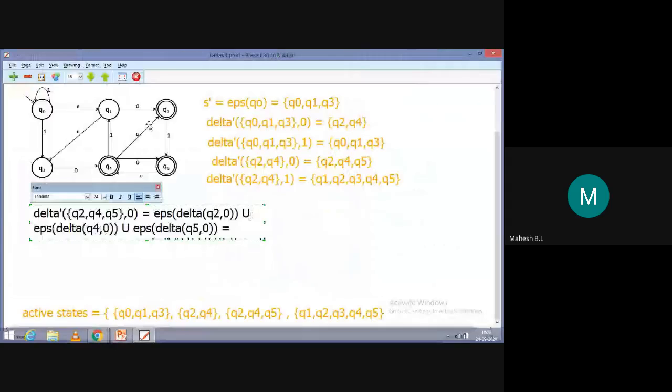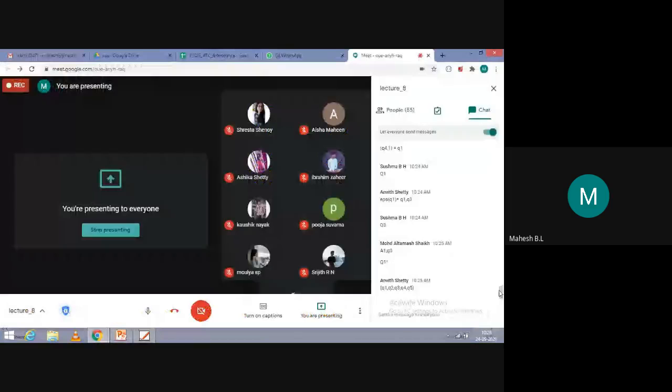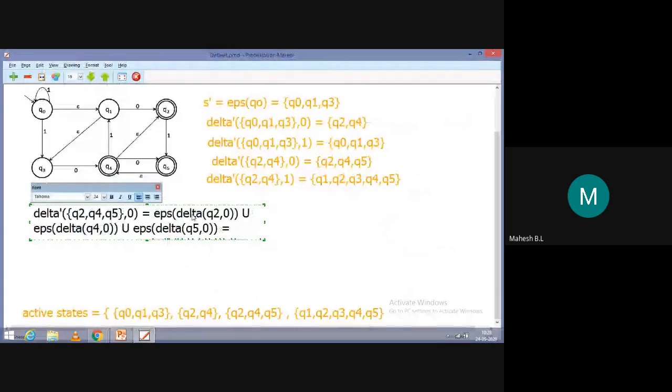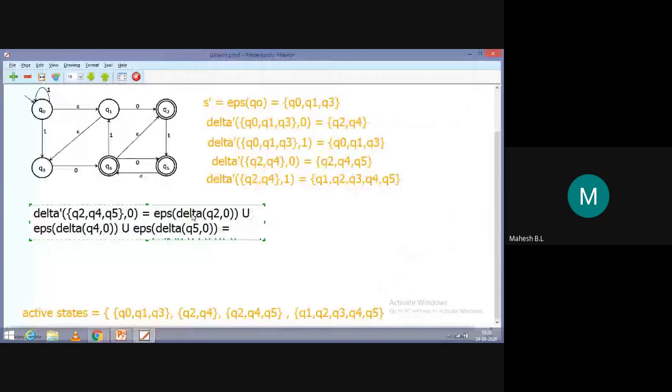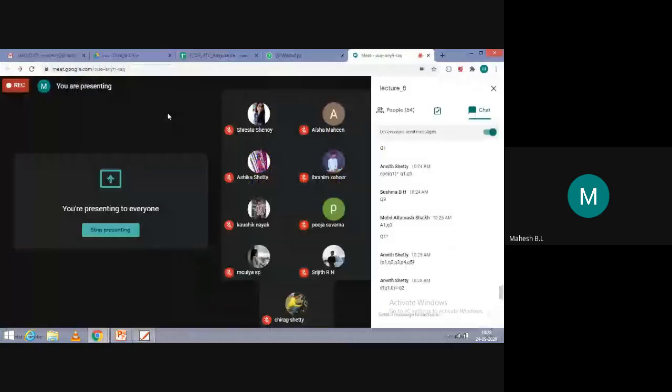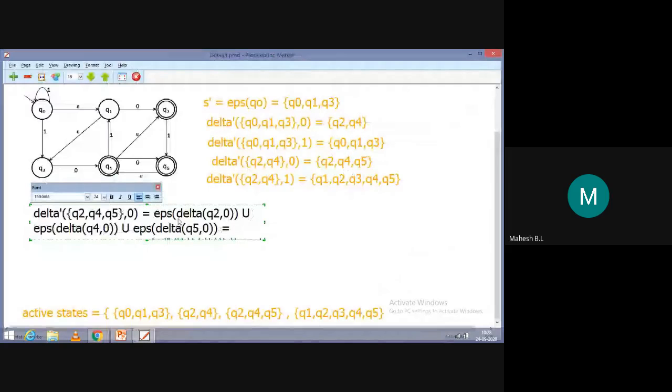Why are you taking this much time? So we need delta of Q2, 0. Okay, not Q1. Here we have Q2. So delta of Q2, 0. Is it defined? It's not defined.